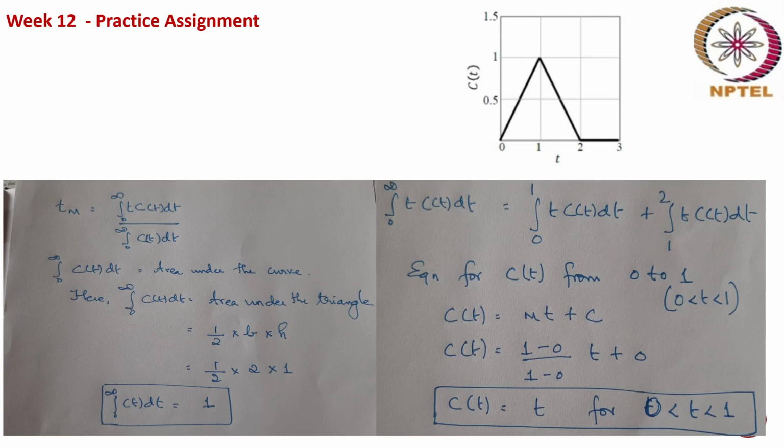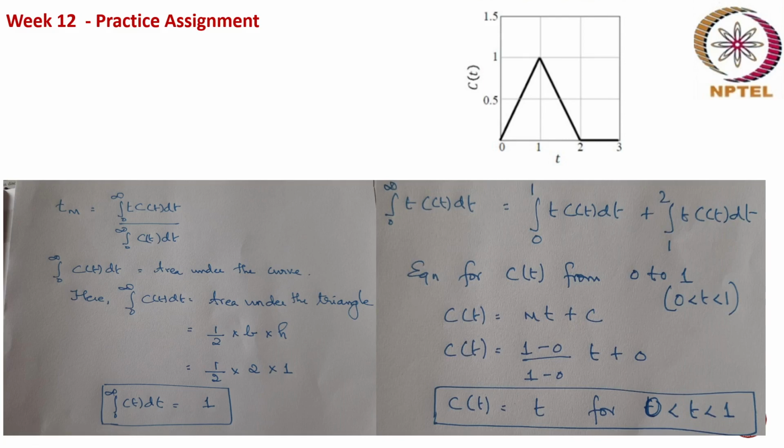Now, to find the expression for C of t in the region 0 to 1, it is a straight line from (0, 0) to (1, 1). The equation of a straight line is y equals mx plus c; here C of t equals mt plus c.